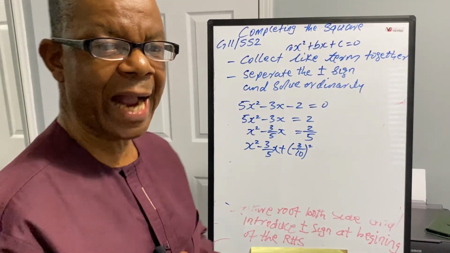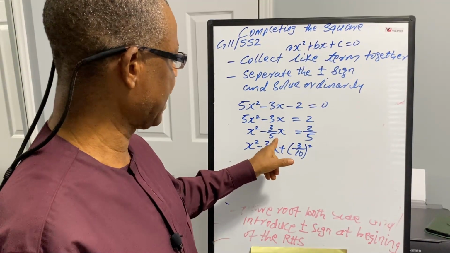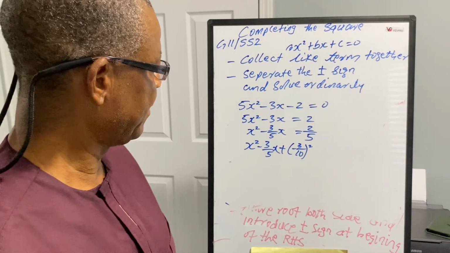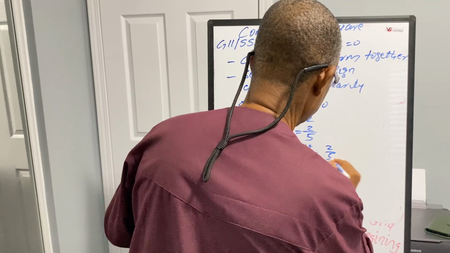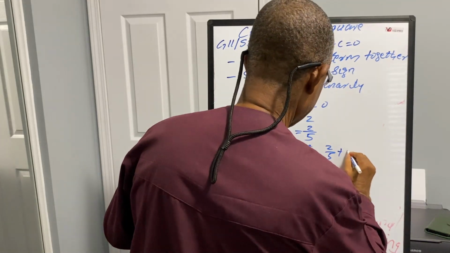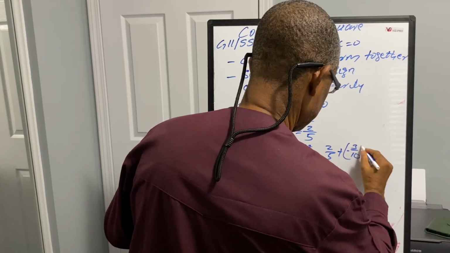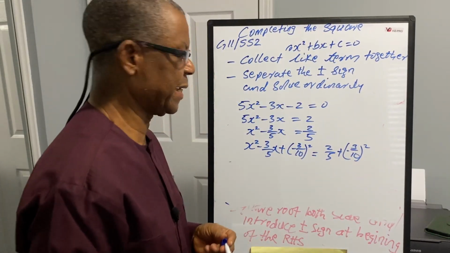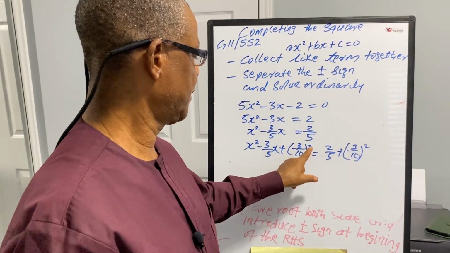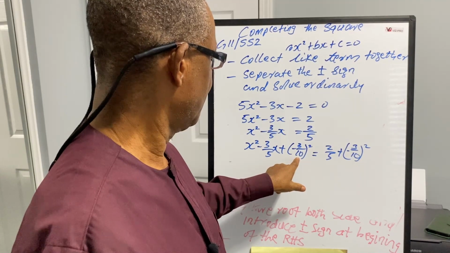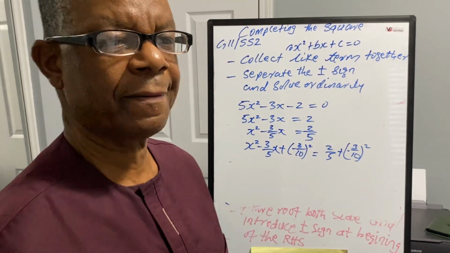So here we are talking of half, so half of this fraction is the denominator times 2. That has given us 10. Remember, we said add on both sides, equals 2 over 5 plus minus 3 over 10 squared on both sides. We have added the square of the half of the coefficient of the first degree on both sides.